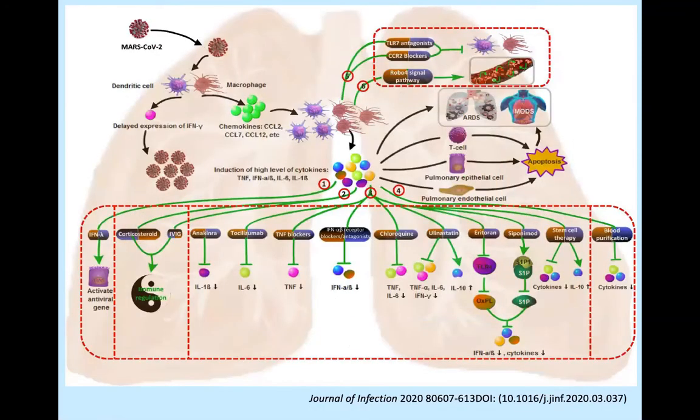There are, of course, descriptions and reports of the cytokine storm. And that's one of the other features that we have seen. Looking at this big cartoon, which of course I've borrowed, with the infection, you develop an inflammatory response with a delayed expression of interferon gamma, production of chemokines leading to the induction of very high levels of TNF, interferon alpha and beta, IL-6, IL-1 beta, and a whole soup of them.